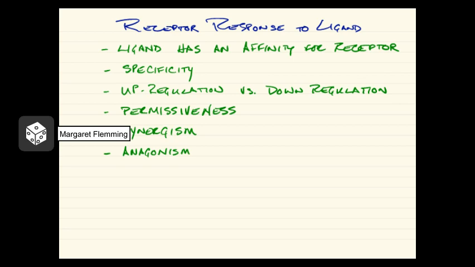The other three terms on this slide relate to how hormones interact with each other. The term permissiveness applies to a situation where one hormone has to be present in order for another hormone to work effectively.